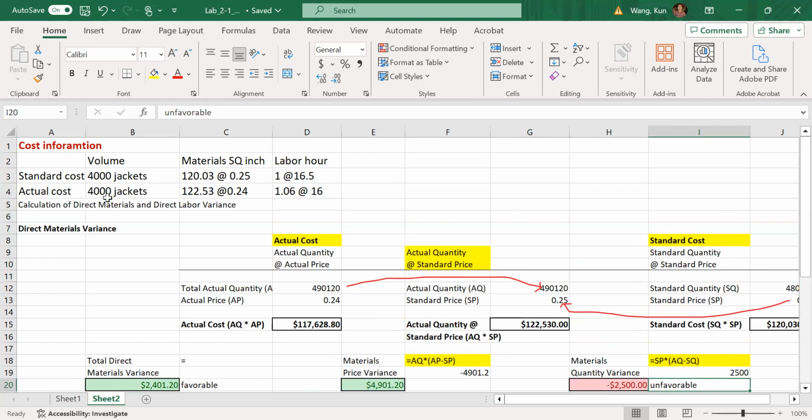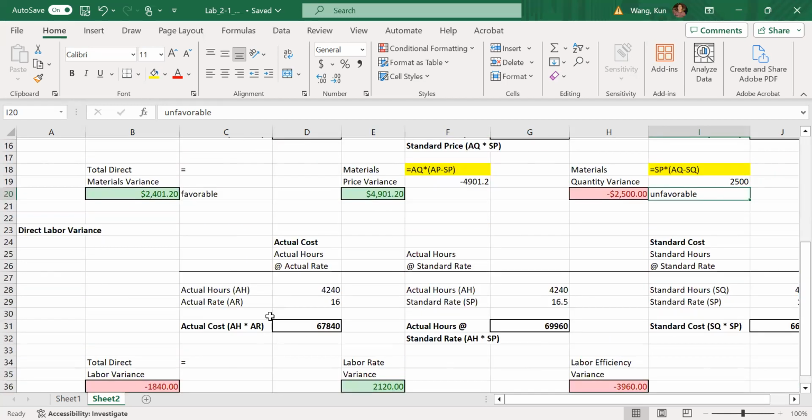And the actual hours is 4,000 times 1.06. If you don't have this multiplication, you only have 1 hour and 1 hour 6 minutes, 1.06, and the number you get wouldn't make sense.